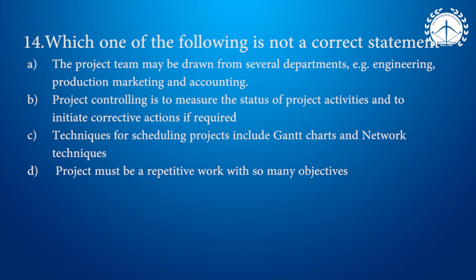Project controlling is a measure of status of project activities and to initiate corrective actions if required. Yes. Techniques for scheduling projects include Gantt charts and network techniques. This is also right. Project must be repetitive work and with so many objectives. Clearly we have mentioned project is only a work with one objective. Maybe many objectives may be right, but your repetitive work is going to be wrong. So what is the wrong option here? D.